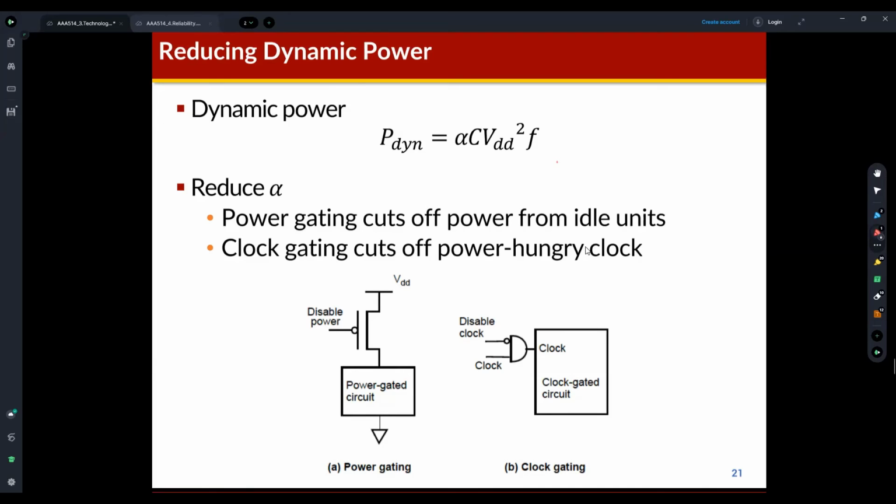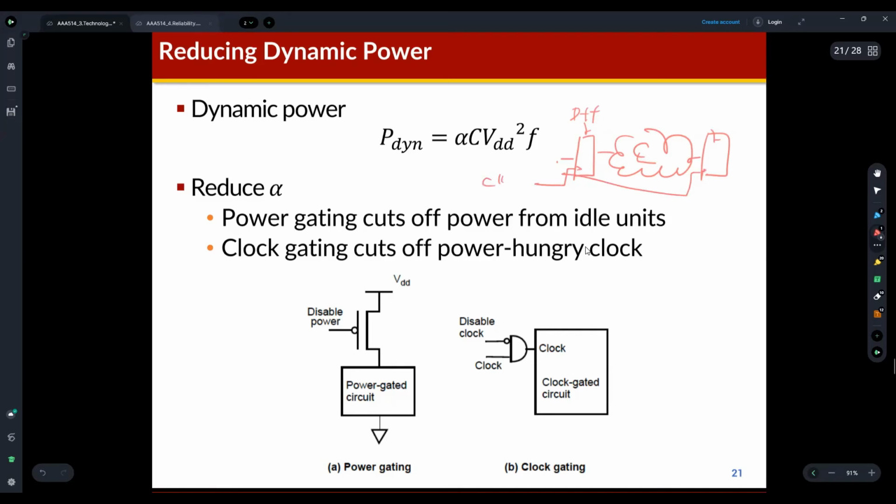So actually, a digital circuit is composed of a sequential part, then combinational logic, and another sequential part. We frequently use the D flip-flop for this sequential part, and this sequential part is connected to the clock signal, so it's synchronized by clock signals.